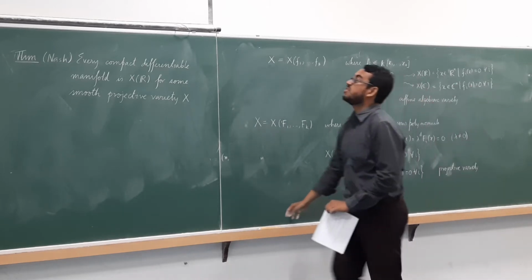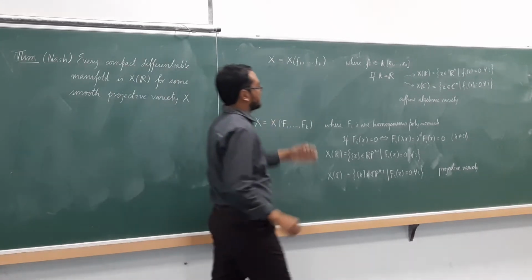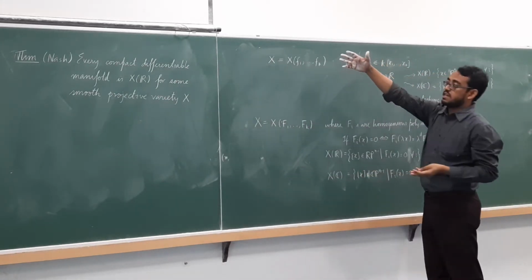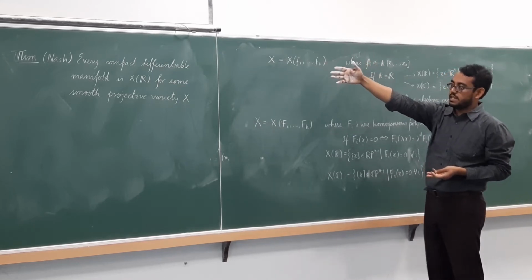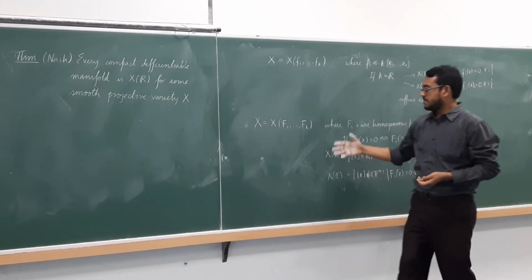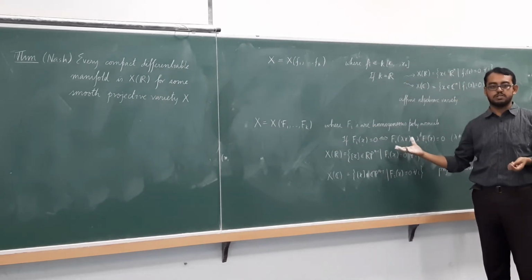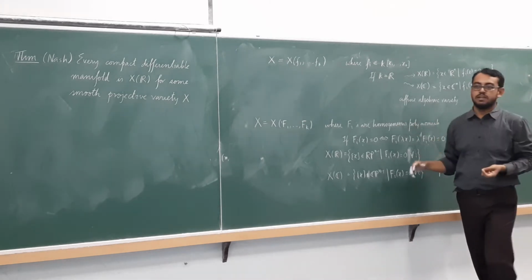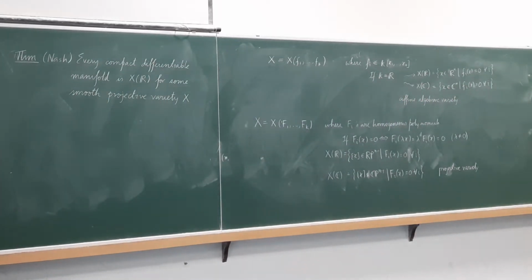So now I think we have some time for examples. Is the general idea clear? We are trying to say that if I give you a smooth manifold, then I want to claim that it is the common zeros of finitely many homogeneous polynomials in some variables. That's true for every compact smooth manifold. That's the theorem.